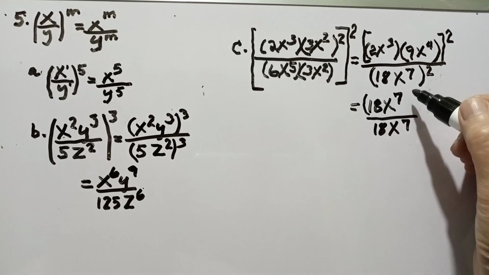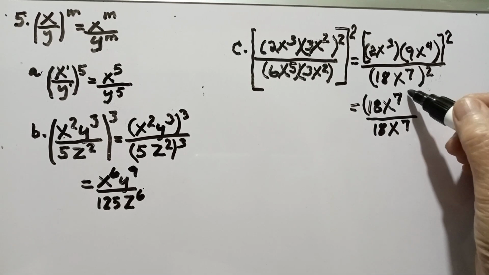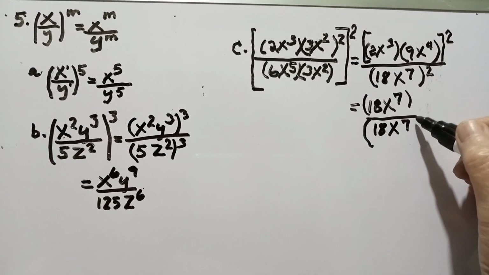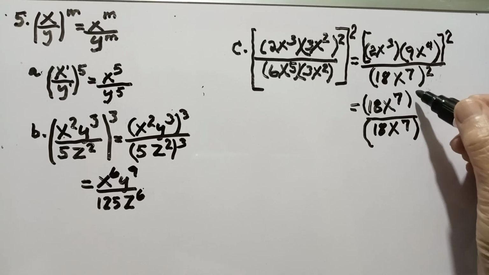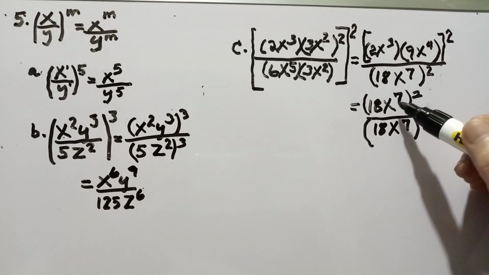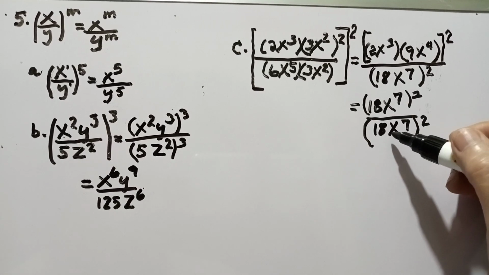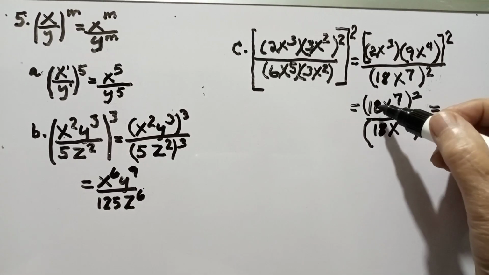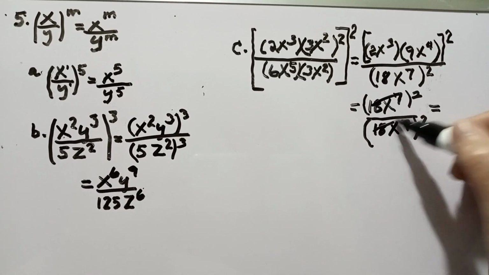So this is square, this is square. But you see that the numerator and the denominator are equal. So you can cancel that out. You can cancel this out. You can cancel that out.